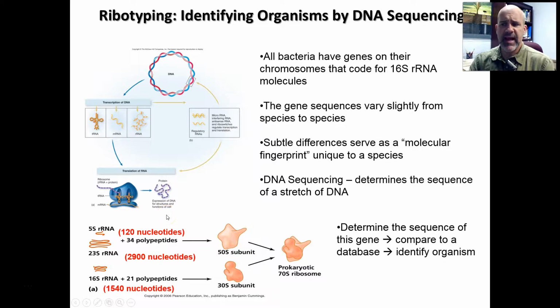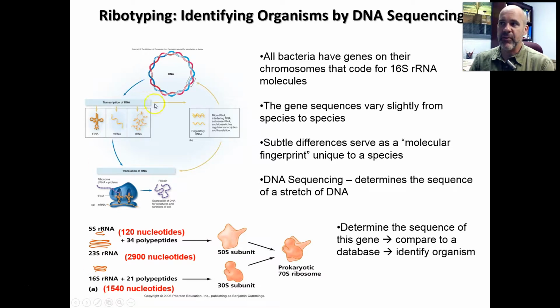And all living things have ribosomal RNA, so it's not 16S in eukaryotes, it's going to be 18S, but there are similar types of techniques where you could use this technology to identify fungal species or helminths or protozoans or whatever. And it really is a type of DNA sequencing. I know we're saying, well, 16S ribosomal RNA, that's what we're determining the sequence of. But these RNAs also have genes on DNA.